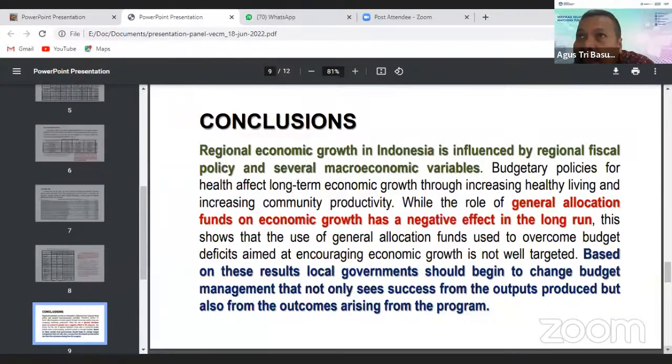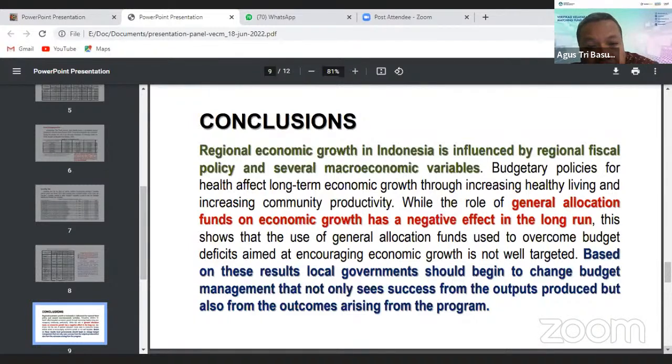The central government gives a province or city an allocation from tax, and usually the allocation fund from DAU is used for mass projects, and the government hopes to increase DAU can increase GDRP.